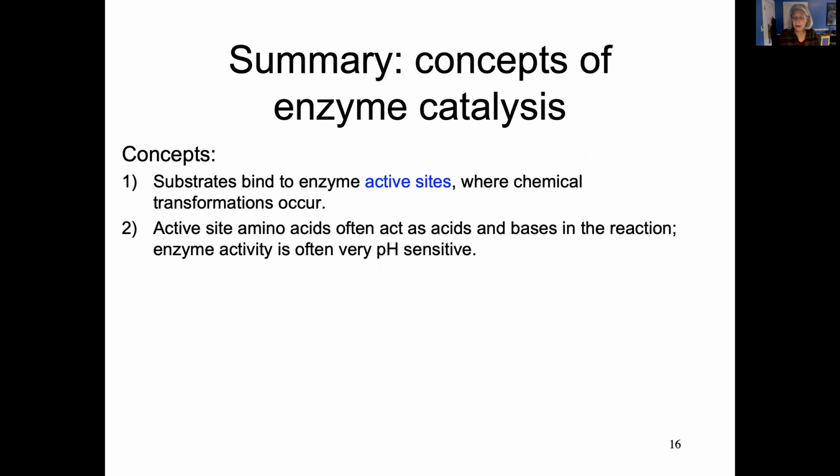The active site amino acids of an enzyme often act as acids and bases in the reaction, and the enzyme activity is therefore often very pH sensitive, right? If we think about the thousands of different enzymes in our bodies, each one has a very specific need for the pH of its amino acid side chains for the reactions to work at the right speed. And this is ultimately why we have to maintain our body's and our blood's pH very tightly around pH 7.4.